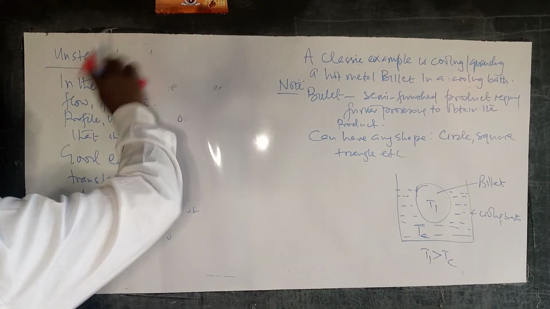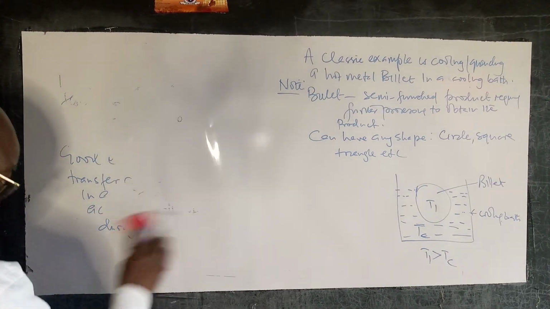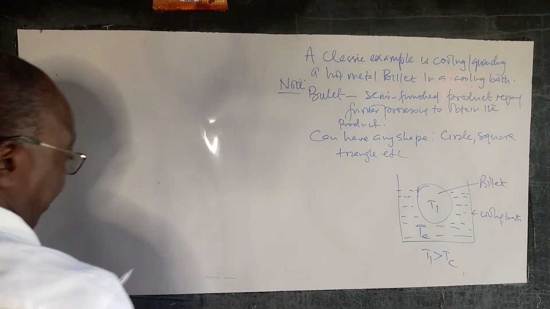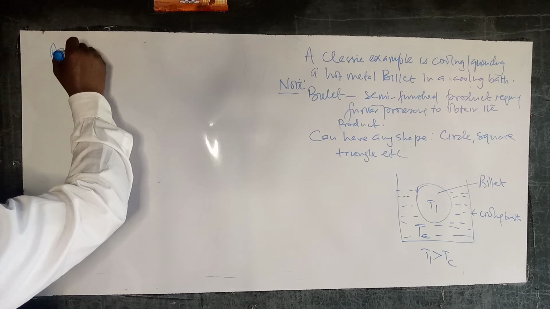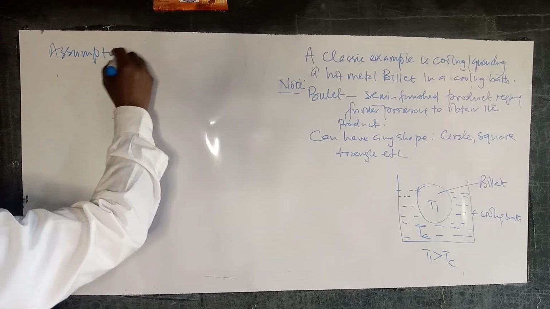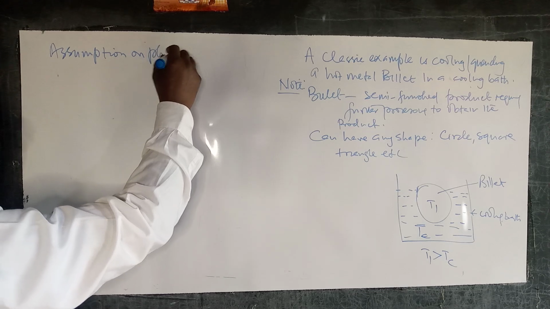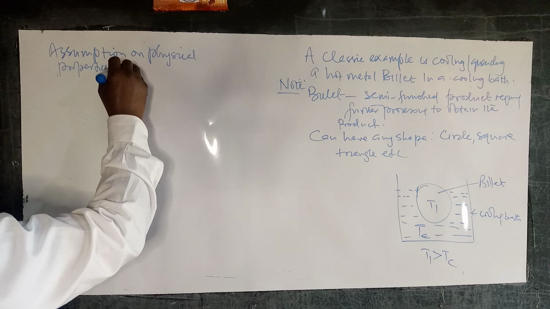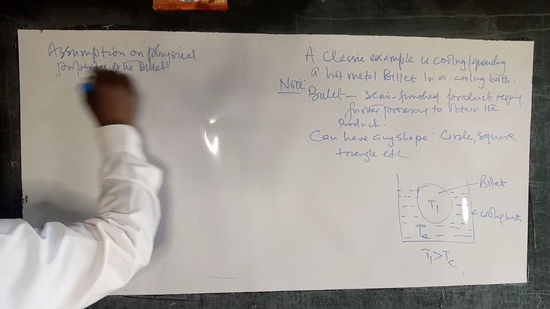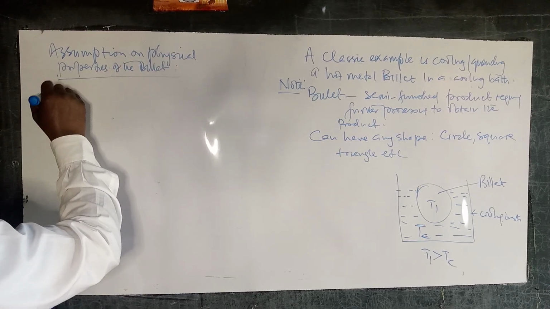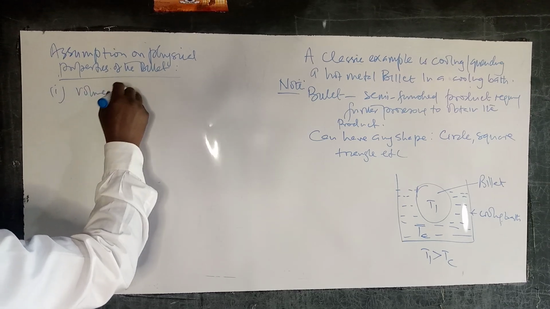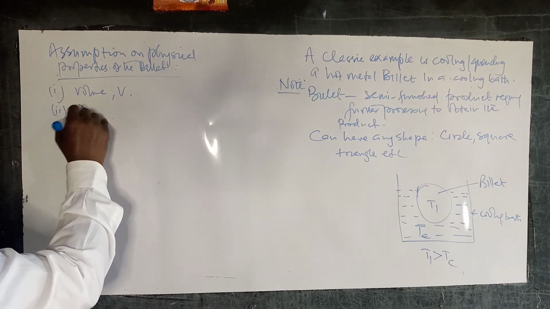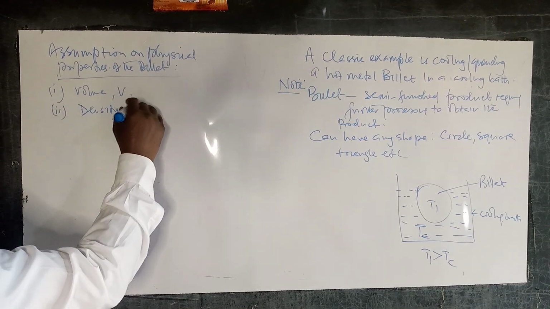And so let's make some assumptions about the physical properties, or physical characteristics, of the billet. One, assume its volume is V, and its density, we call it rho.